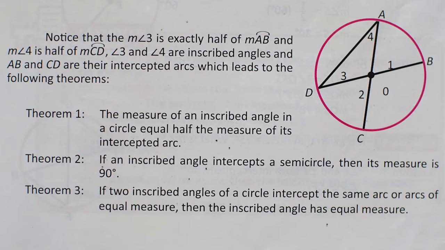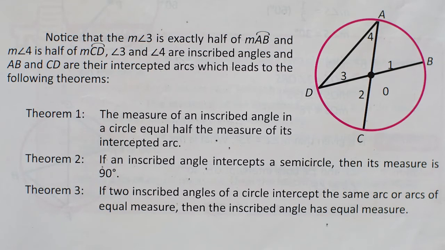Theorem 3: if two inscribed angles of a circle intercept the same arc or arcs of equal measure, then the inscribed angles have equal measure.